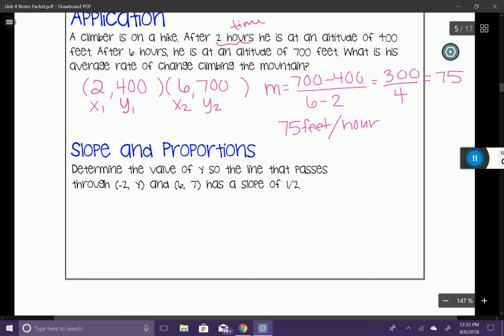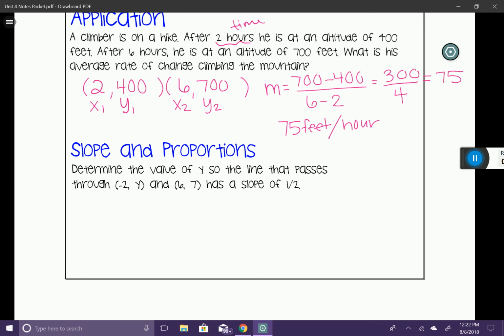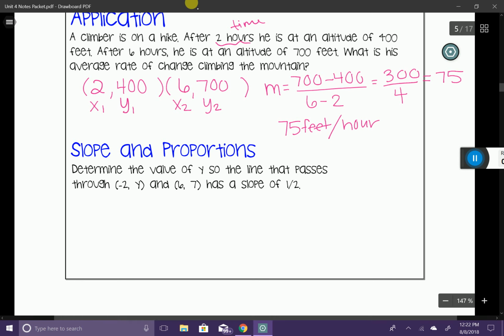This is a really cool problem. Let me show you why. All right, now that I know this new slope formula, I can go ahead and use it. I'm going to start by labeling my 2 points as such. All right, I'm going to go ahead and write my formula off to the side. Ooh, that's a minus sign.